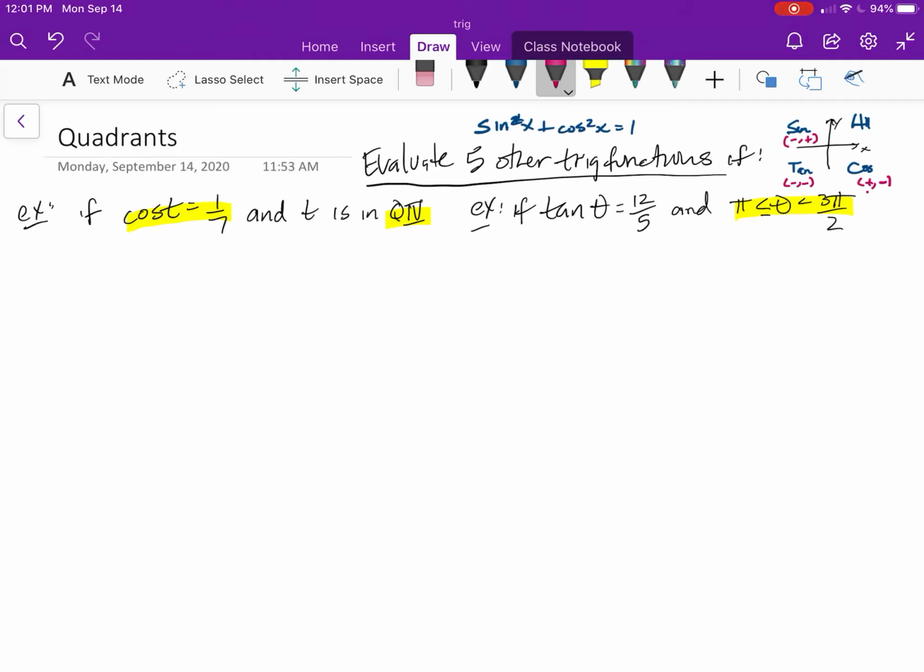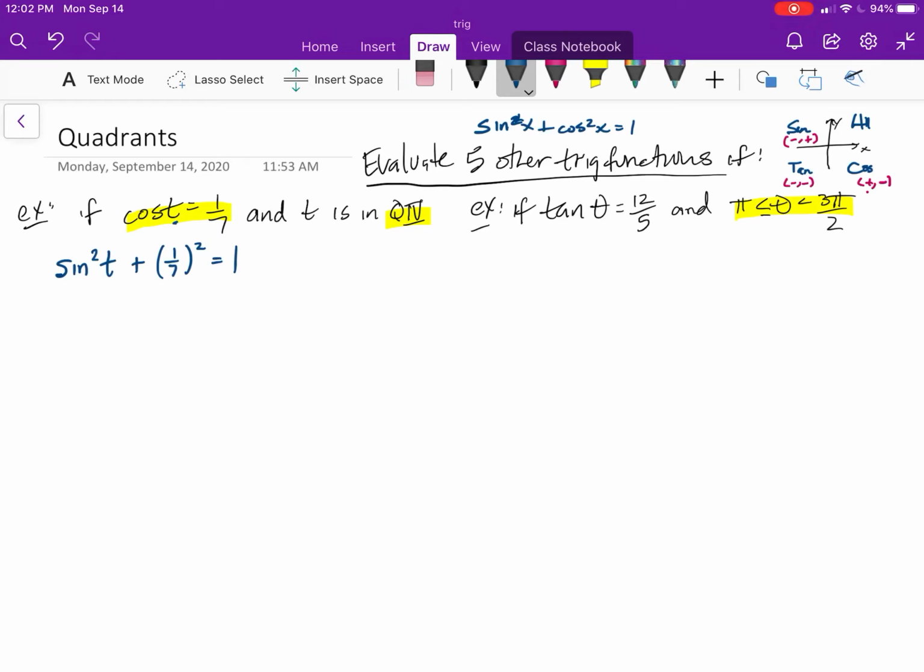Now, when I do this first example, you can do it in the method I'm going to do in the second example and vice versa. I'm just choosing to do one of each to help you get going. All right, so sine squared t, since that's the angle they're using here, plus cosine squared, so 1/7 squared, I know will be equivalent to 1.